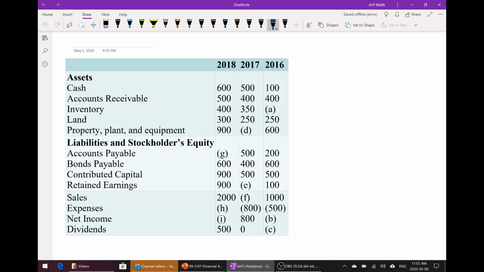So we sum these numbers, and these numbers are equal to 1400. Then A is equal to 1400 because assets are equal to liabilities and stockholder equity. So A is equal to 1400 minus these numbers here, 100 plus 400 plus 250.